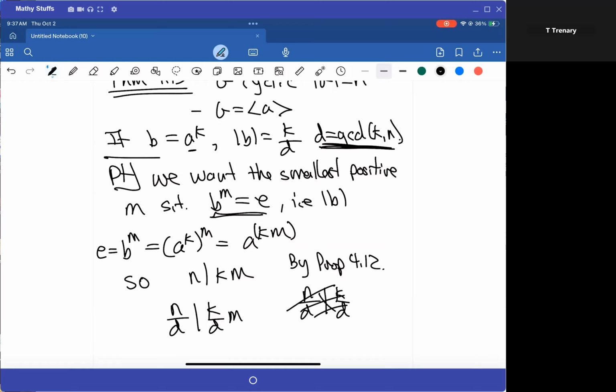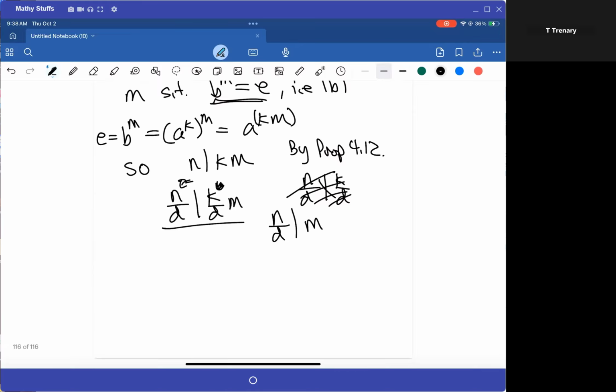But this must be true because this is an integer and this is still an integer. When I divided by d, that worked out perfectly. These aren't weird fractions or anything. So if this statement is true, it must be that n over d divides m.